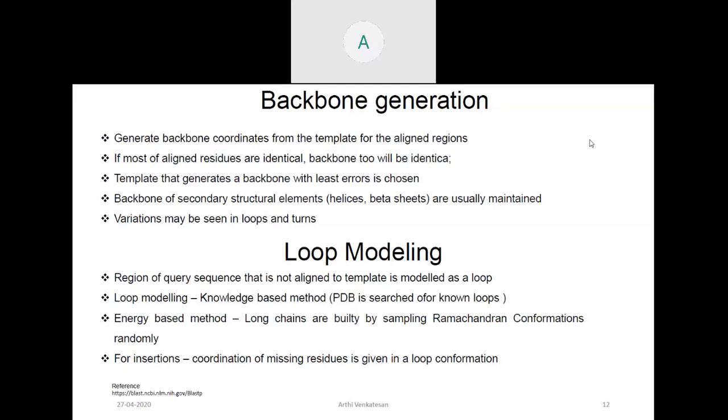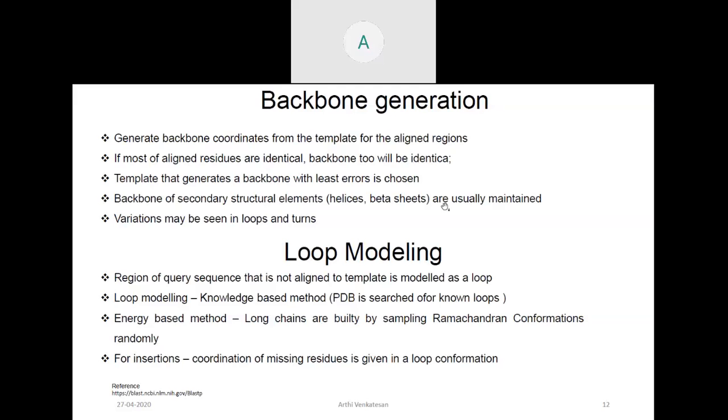In the energy-based method, you will be looking for long chains built by sampling Ramachandran conformations and so on. For insertion, the coordinates of missing residues are given in the loop conformation. If any missing residues are available, you can go for loop conformation and insert a particular amino acid.